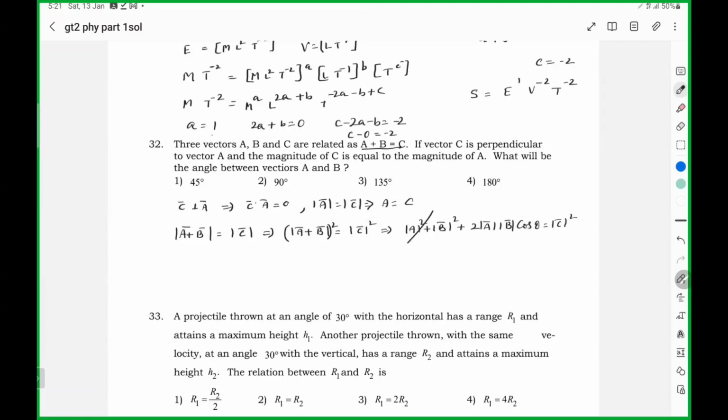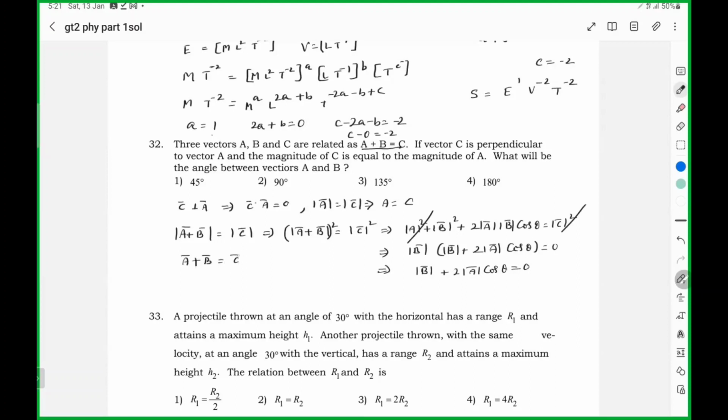Since mod A and mod C are equal, we write here mod B square plus 2 mod A mod B cos theta is 0. So mod B plus 2 mod A cos theta is 0.